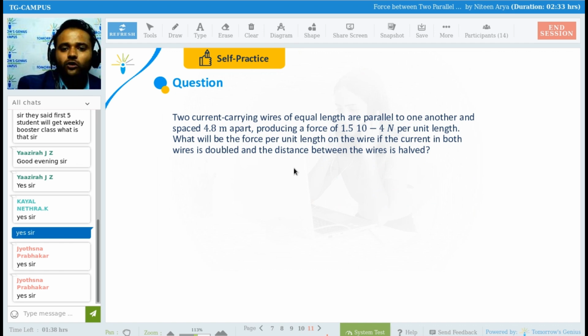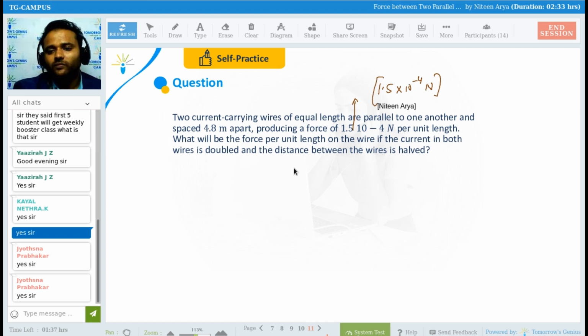Okay, this is your next one. Two current carrying wires of equal length are parallel to one another and spaced this much apart, producing a force of 1.5 into 10. Okay, this is a typo beta, sorry for that. This is your force per unit length.